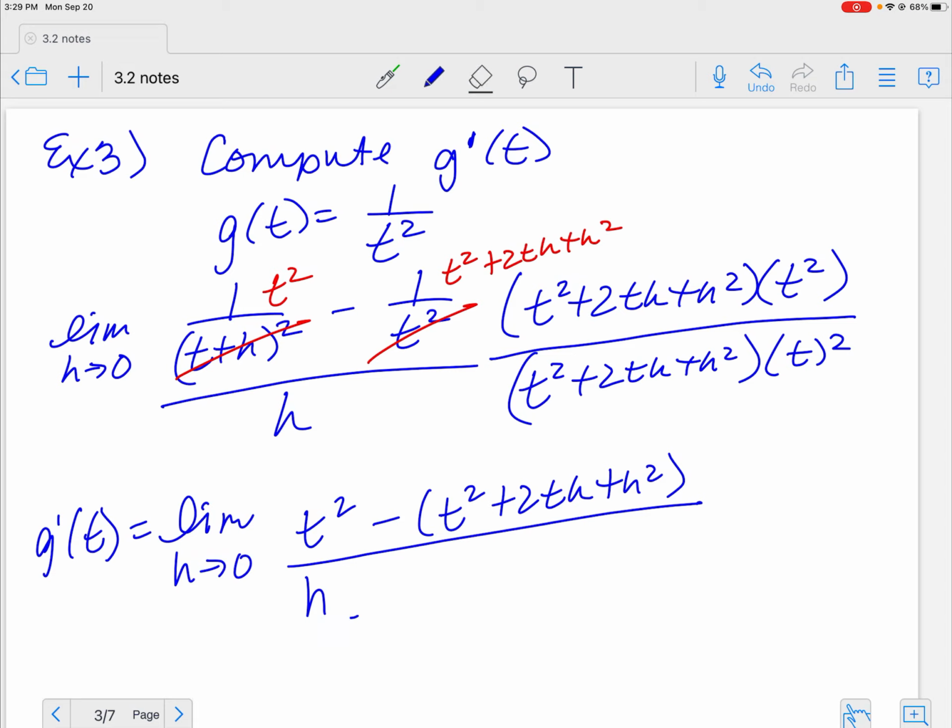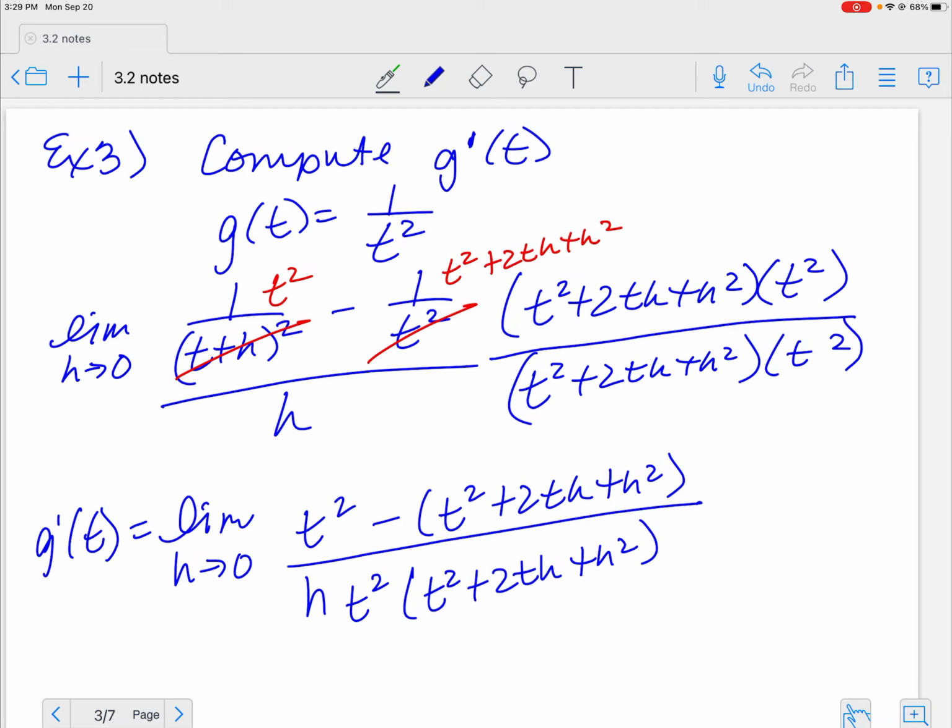I'm going to bring that t squared in front just because it doesn't need its own set of parentheses since it's a monomial. T squared plus 2th plus h squared. Same thing here. I don't need that parenthesis right there. We could put it there. It works.